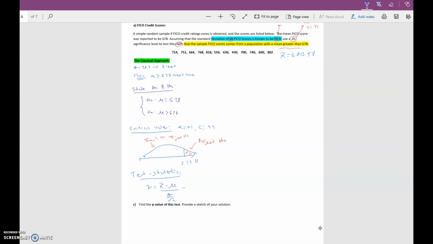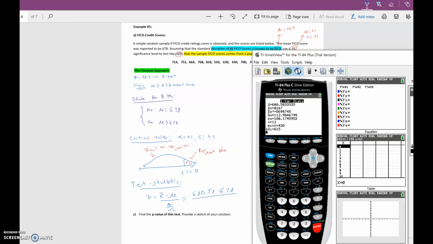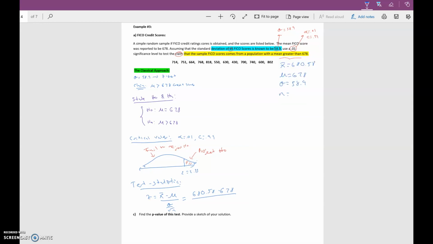We're looking at 680.58 minus mu, that would be 678, over sigma, which is given. Sigma was equal to 58.9, and n is equal to a total of 12 values.